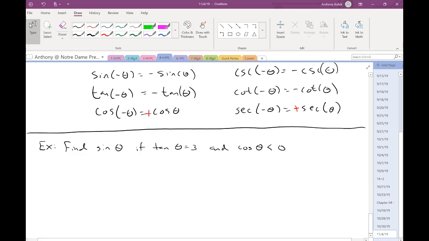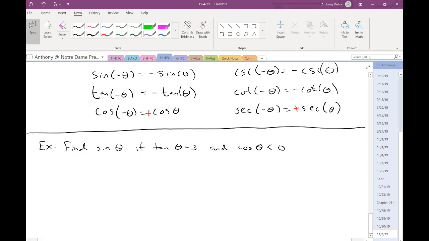So this first example says, find sine theta if tangent theta is equal to 3 and cosine is negative. At first glance, you say, oh, I can do this problem like we did in the previous chapter, chapter 4.